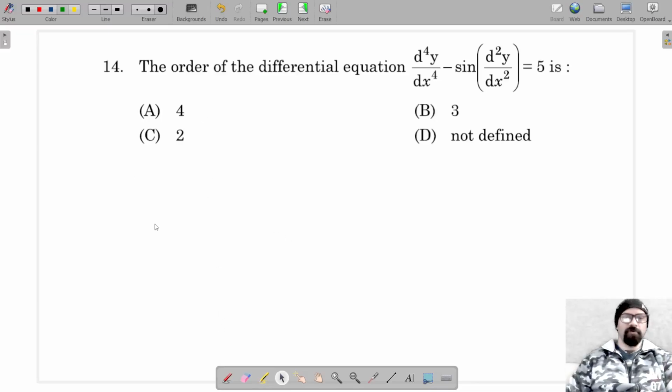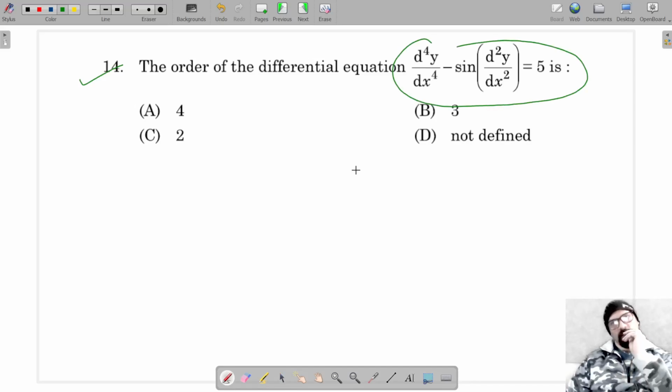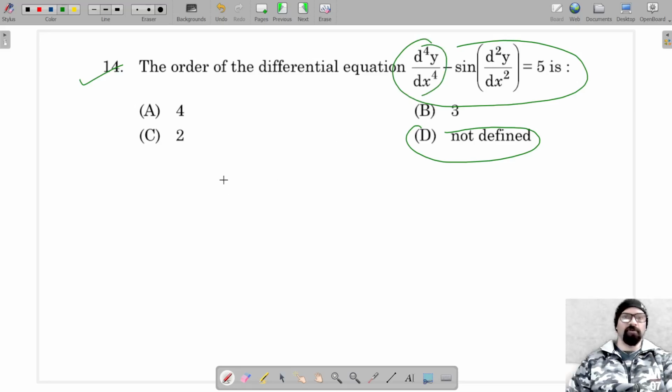For question number 14, we have to find the order of the differential equation. This is a differential equation, and we have to find the order. Though its degree is not defined, the highest order of this differential equation, it's been differentiated 4 times. So the order is 4.